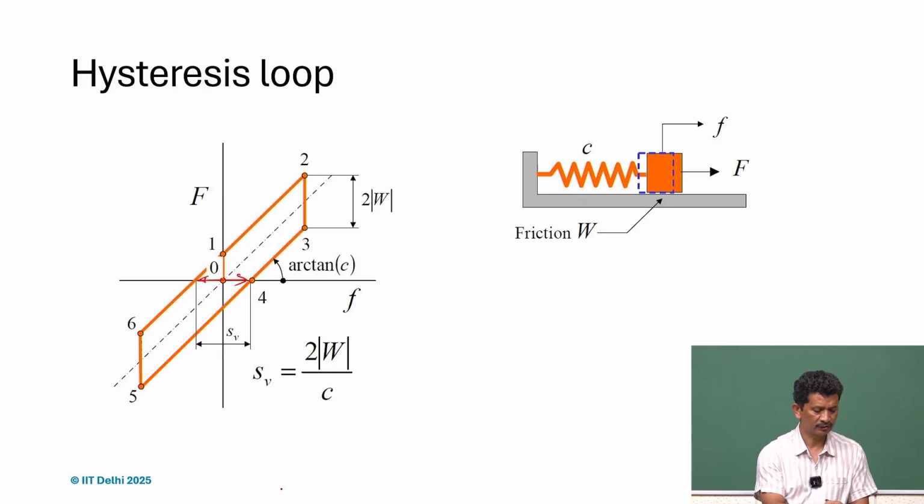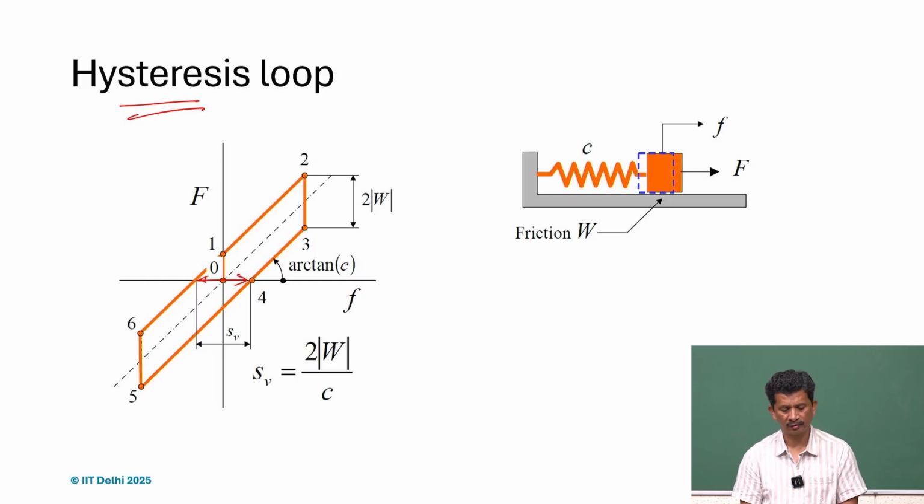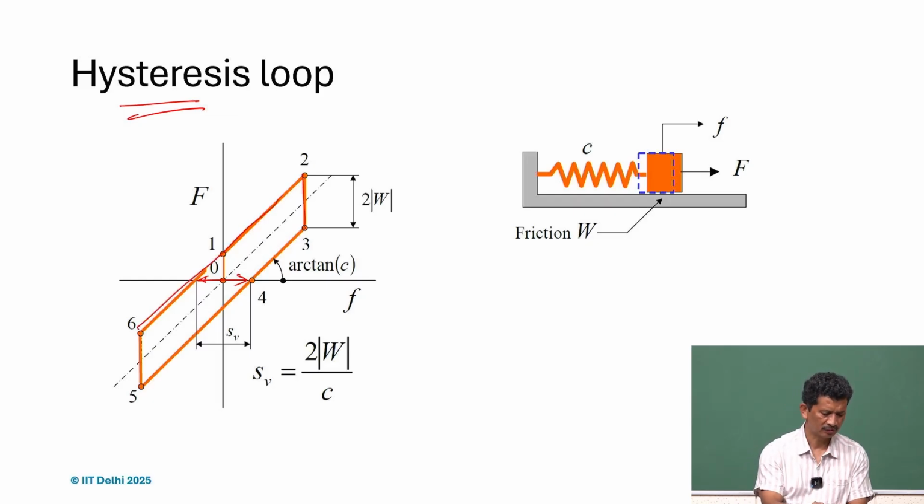And of course, this is termed as hysteresis loop, and it's mainly because of the friction and the stiffness. What we also have to understand, whenever we are trying to get this kind of plot, we should reverse the motion a few times so that we get this sort of loop consistently.